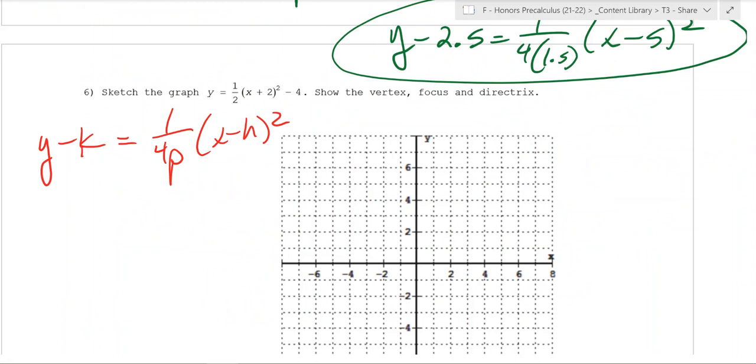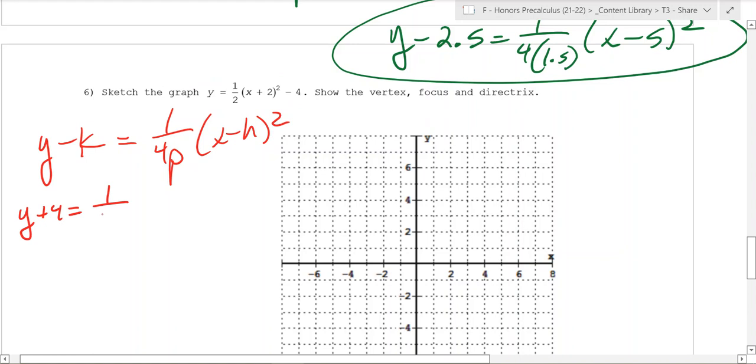So the key to sketching these graphs by hand, which you've kind of done before but not like this, is you can put it into the format we had above. So if you take this right here and put it into the format from above, what do you end up with? You end up with y plus 4 is equal to 1 over 2 times x plus 2 squared.